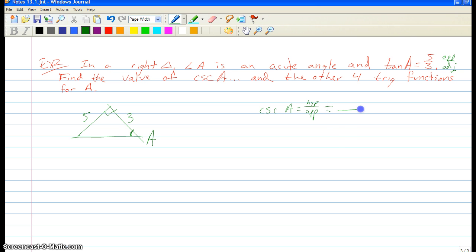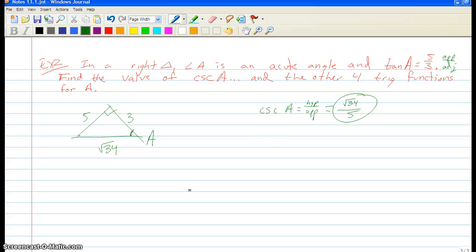The problem is we don't have our hypotenuse, so you're stuck until you find it. The hypotenuse, Pythagorean theorem, right? You get square root 34, and that radical does not reduce, so we leave it as such. So we get square root 34 over the opposite, which was 5. So that is our answer for the first part.